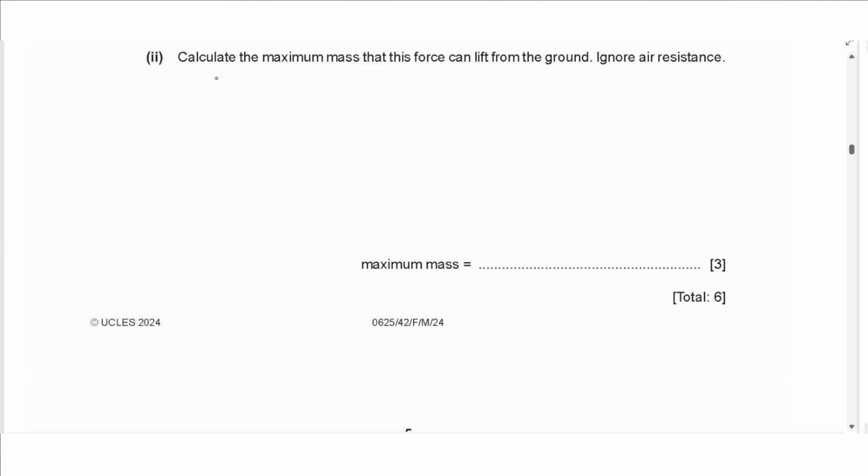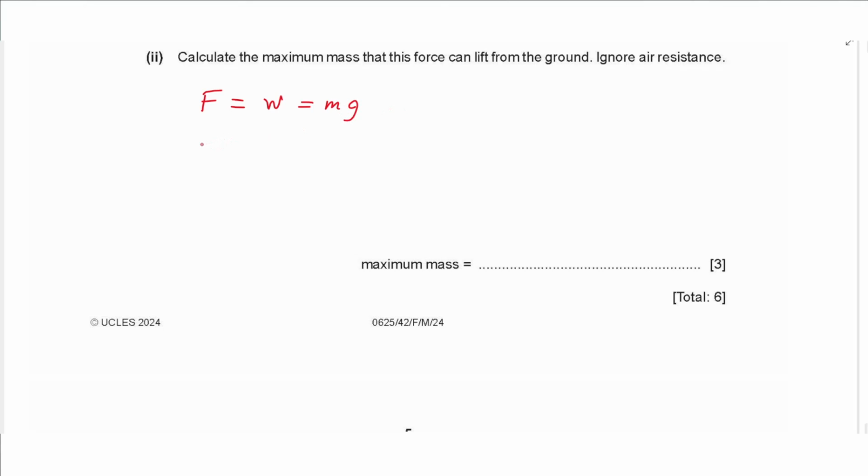Part double I says calculate the maximum mass that this force can lift from the ground. Ignore air resistance. So for the rocket to launch upwards, the force upwards must at least be equal to the weight. So we say that the force is equal to the weight, which is calculated mg.